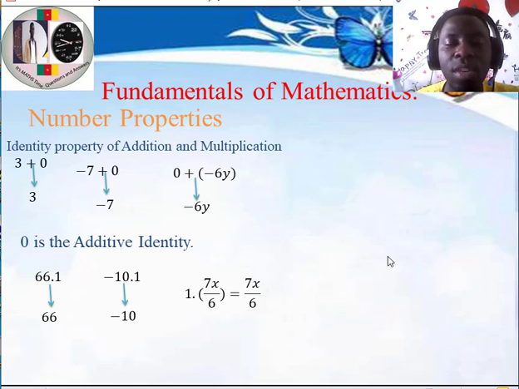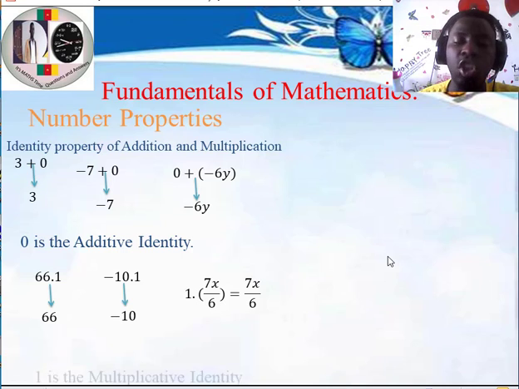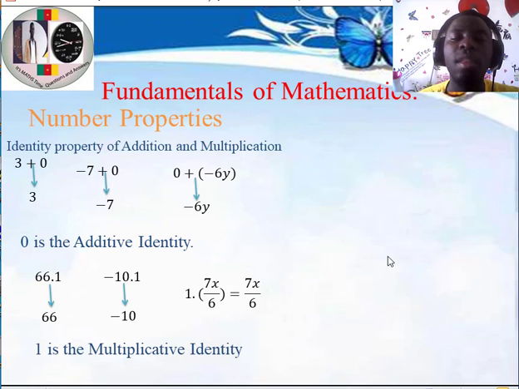Therefore, we can conclude that if we multiply any number with 1, it is going to leave that number unchanged. And since the identity of that number is unchanged, we call 1 the multiplicative identity of any number, because when we multiply any number with 1, it leaves that number unchanged. So that's how we get the laws of identity when it comes to addition and multiplication.